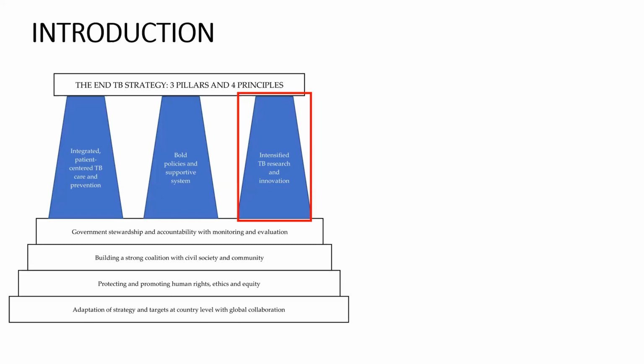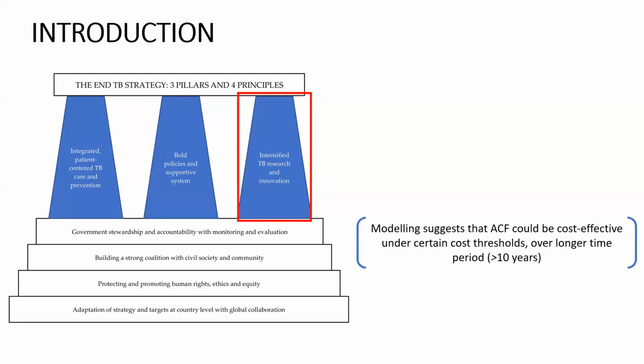In settings like India, which is the country with the largest TB burden, it alone has an estimated 26% at the time they published. This 26% amounts to 3.6 million estimated missing TB cases, and there was limited direct evidence for the potential impact of active case finding in India.